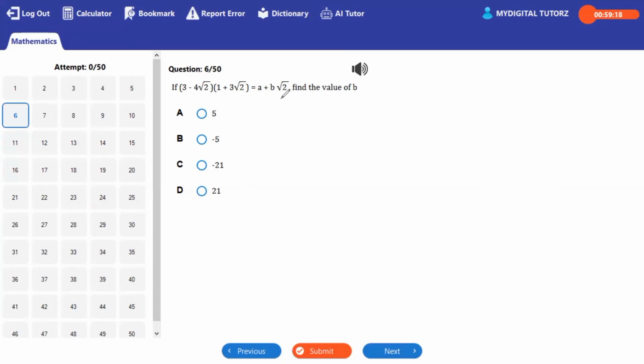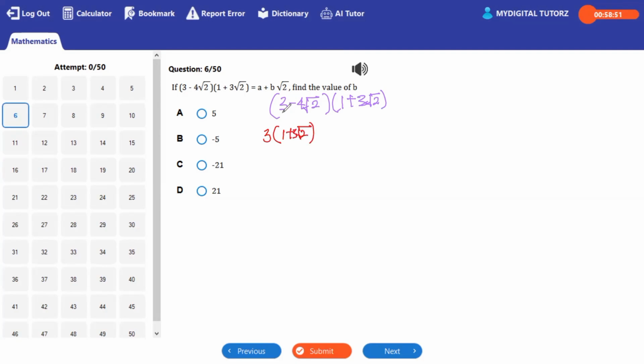So we have 3 minus 4 root 2 into 1 plus 3 root 2. Is that correct? So open the bracket. Let's use 3. 3 into bracket 1 plus 3 root 2.